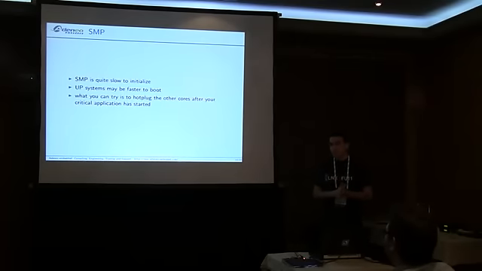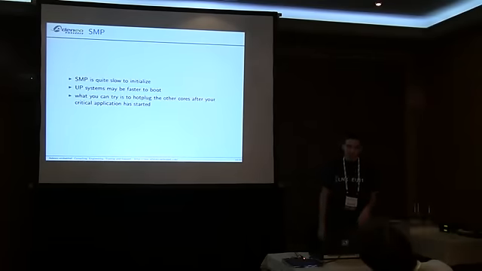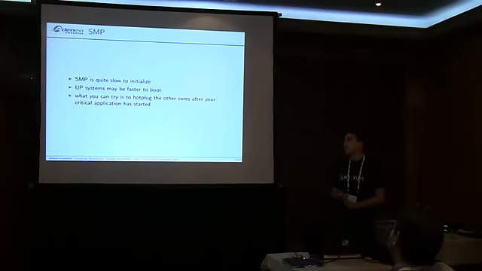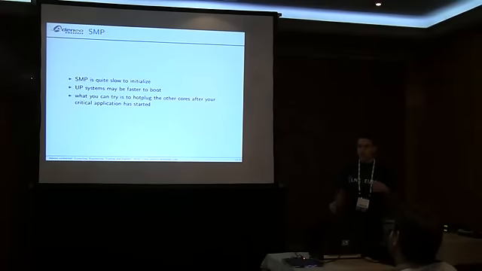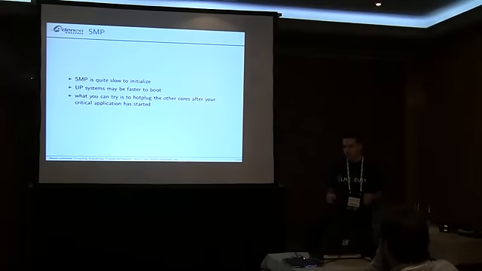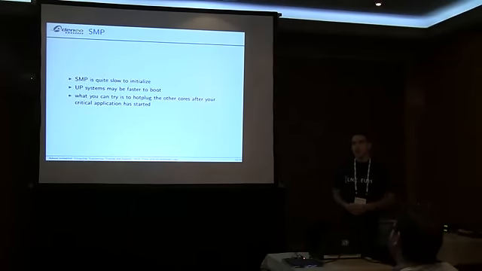Also SMP: it's actually quite slow to initialize. On that board you have 4 cores, and booting with 4 cores takes something like 1 second and 200 milliseconds. When you boot on only 1 core, you go to 800 milliseconds.